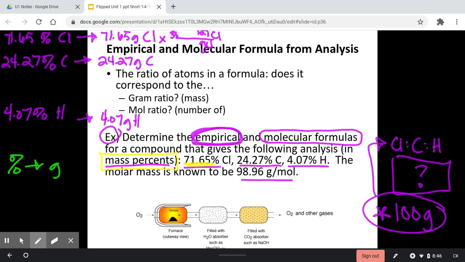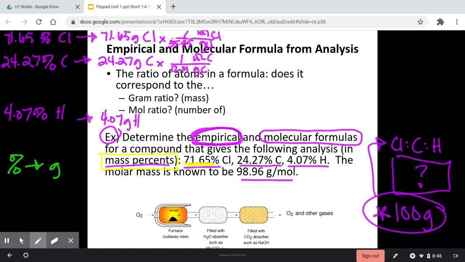We can do a conversion between mass and moles. So grams of chlorine to moles of chlorine is on the periodic table. That's going to be 35.45. Grams, oops, I did that opposite. Grams of carbon to moles of carbon. Shoot.